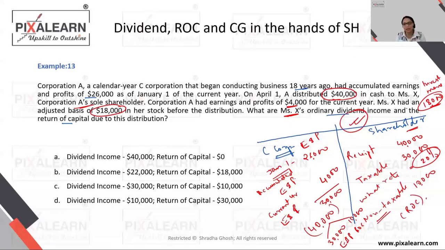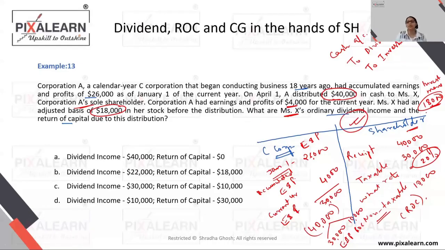So when I get this money, I will book cash account debit. How much? $40,000. And then I will book dividend income, which will go and rest in my P&L, of $30,000. And I will pay tax at either 20 or 37%, depending on whether it's ordinary or qualifying. And the balance, I will simply reduce my investment, 10,000.